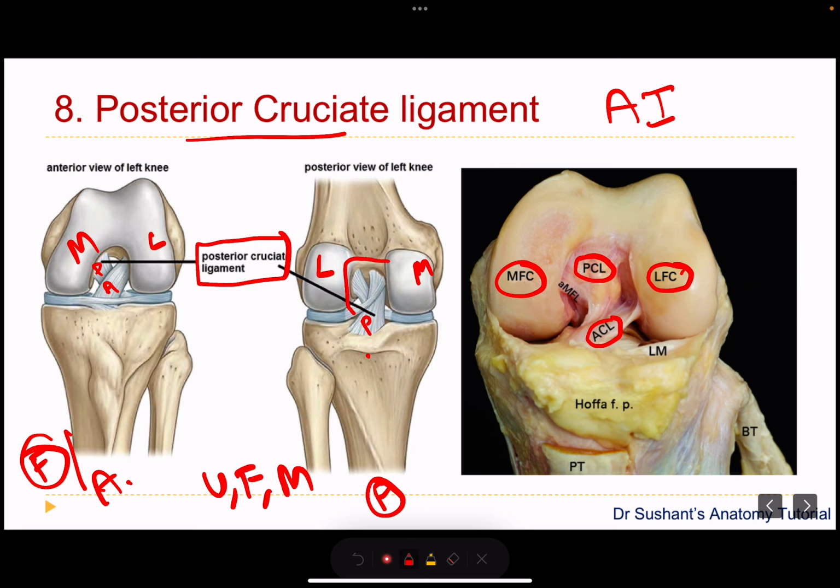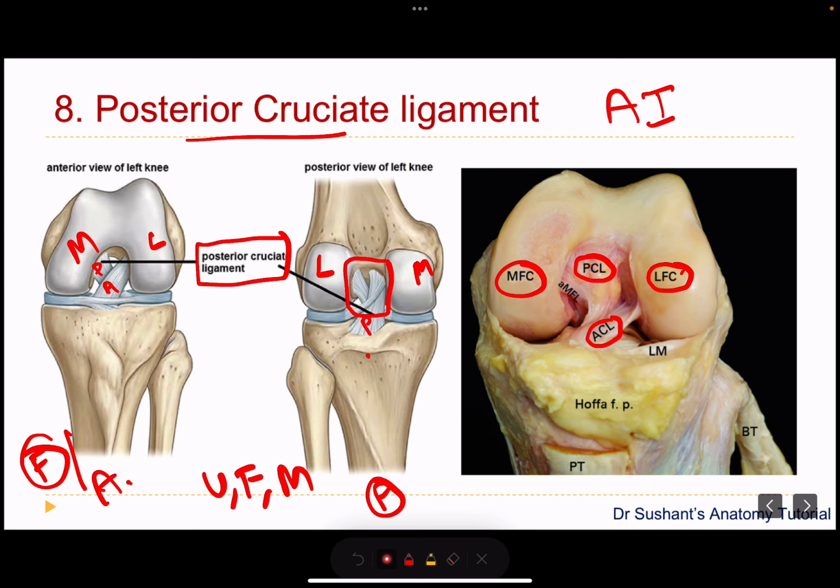This area is the intercondylar fossa. Which is the medial wall? This is the medial wall of the intercondylar fossa, and this is the lateral wall. So the posterior cruciate ligament passes upwards, forwards, and medially, then it is attached to the antero-inferior part of the medial wall of the intercondylar fossa.